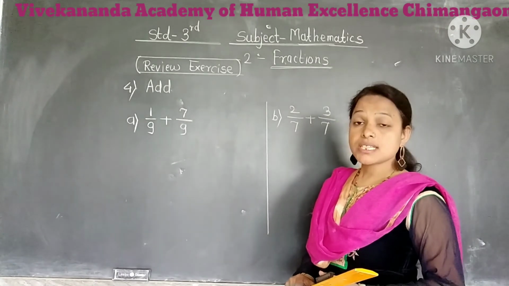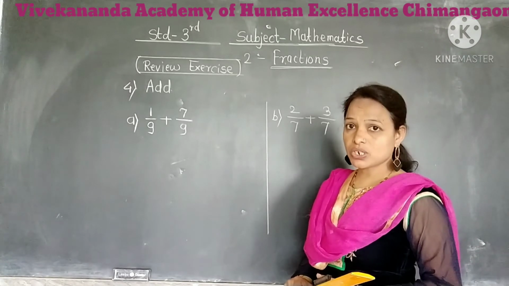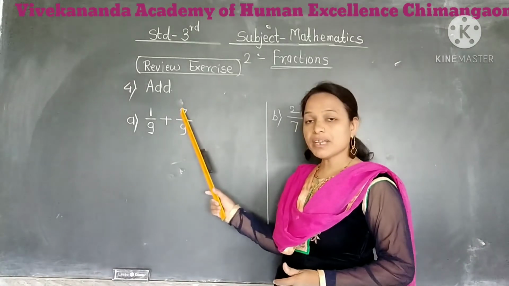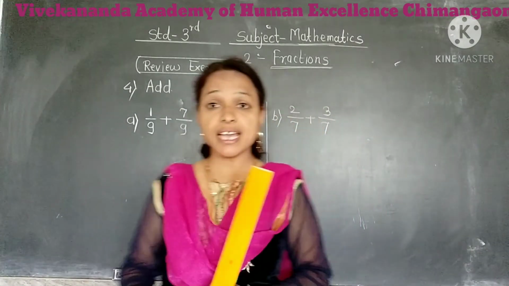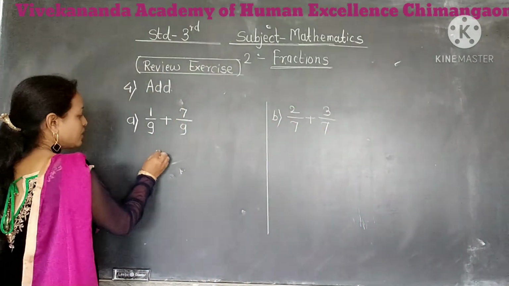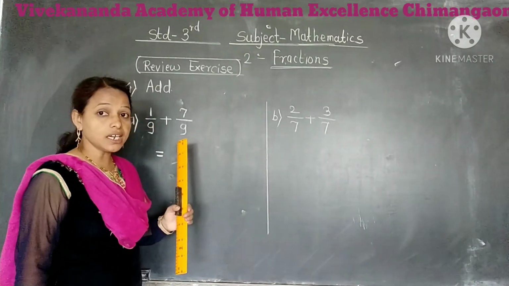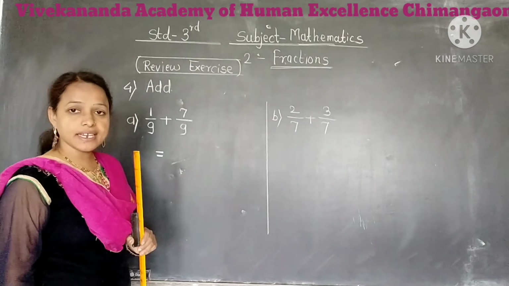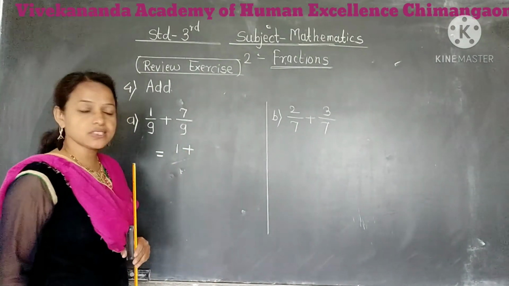So we have learned that the sum of fractions having the same denominator is equal to the sum of their numerators upon the common denominator. With the help of it, we will add the given fractions. So here, the sum of their numerators: 1 upon 9, its numerator is 1, and 7 upon 9, its numerator is 7.